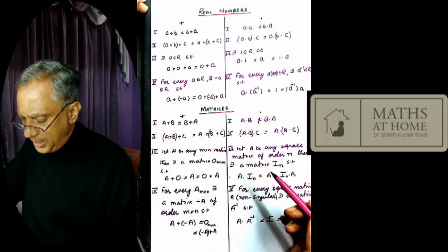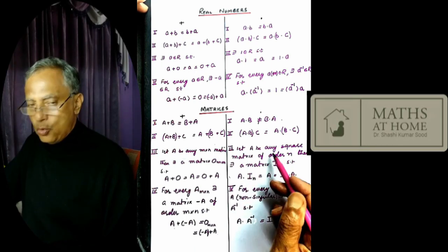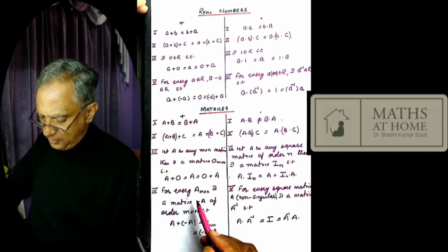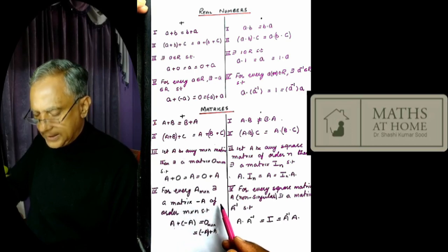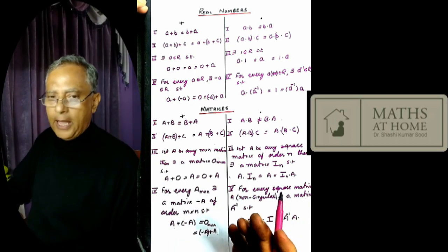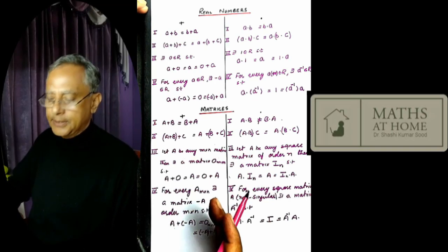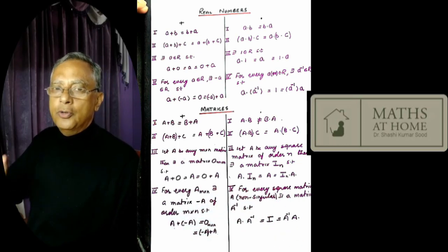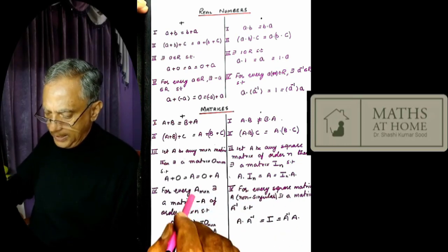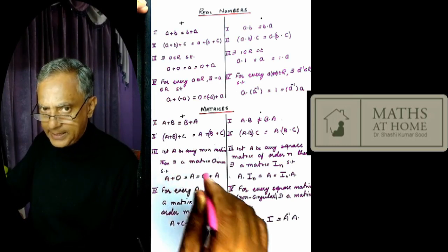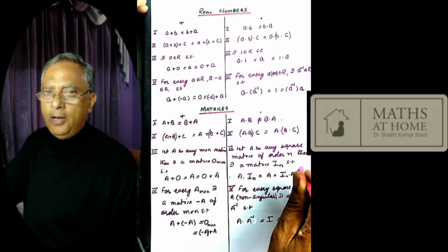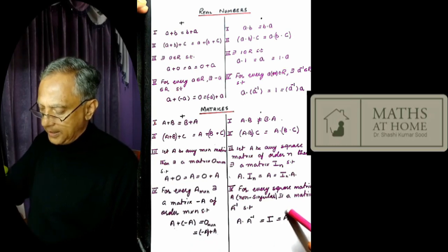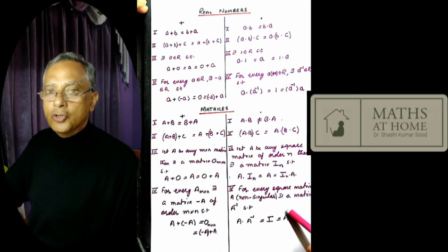But in multiplication, identity exists only for square matrices. In addition, for every A m cross n, there exists minus A. That is, inverse of every matrix exists. But in multiplication, inverse exists only for non-singular matrices. So here identity exists for all the matrices. Here identity exists only for square matrices. Here inverse exists for all the matrices. Here inverse exists only for non-singular matrices.